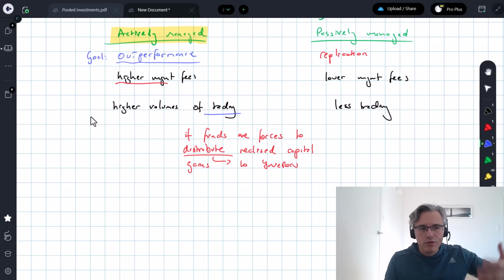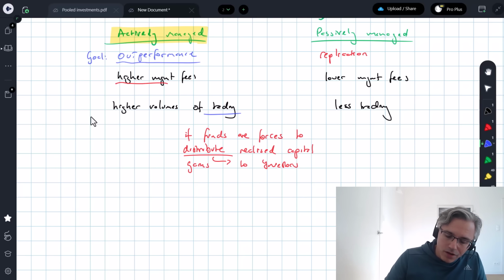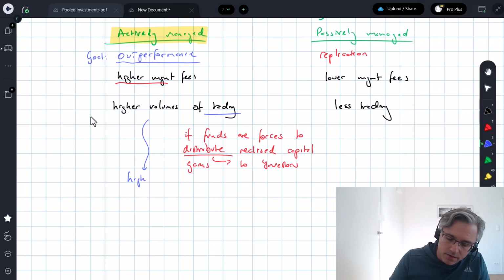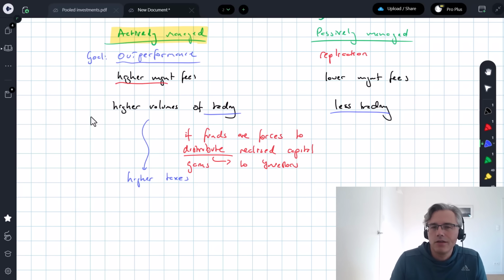There are more opportunities to say, oh, that's a capital gain which has been realized. So there will be more opportunities for those gains to be taxed. They are typically associated with higher levels of taxes, whereas here on the passively managed side, you just buy stocks and you typically hold them for a much longer period of time because your portfolio doesn't change and rotate so much.